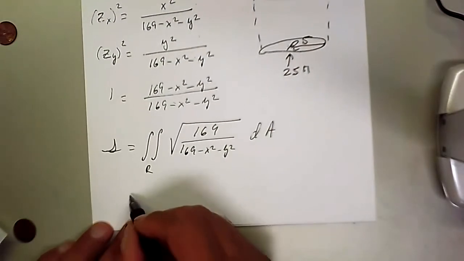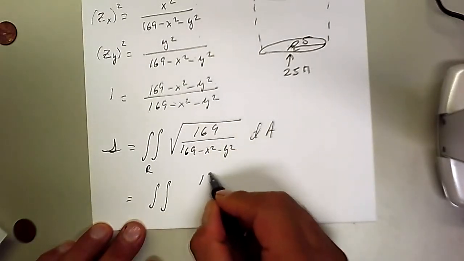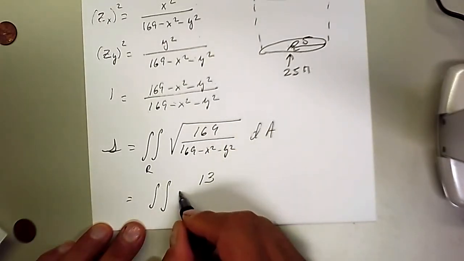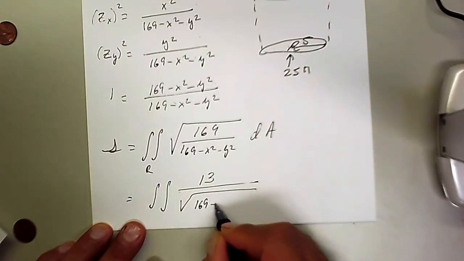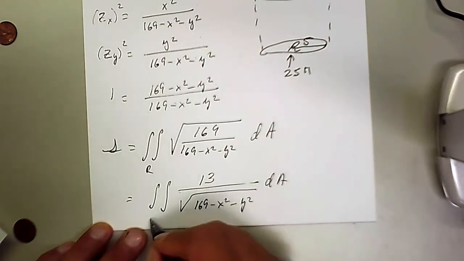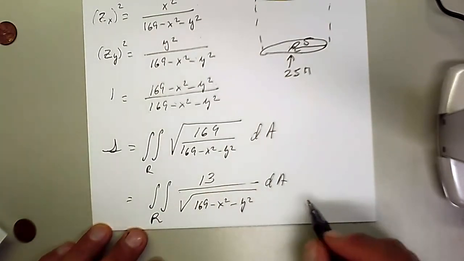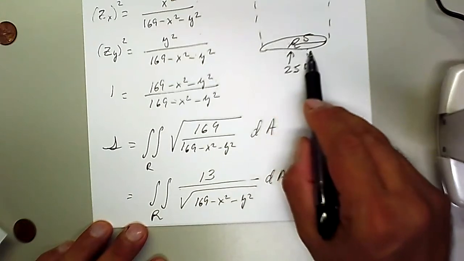Let me simplify this a little bit. Of course, square root of 169 is 13, which can factor out easily. Square root of 169 minus x squared minus y squared. Okay. So again, the region on the floor is a polar rectangle.